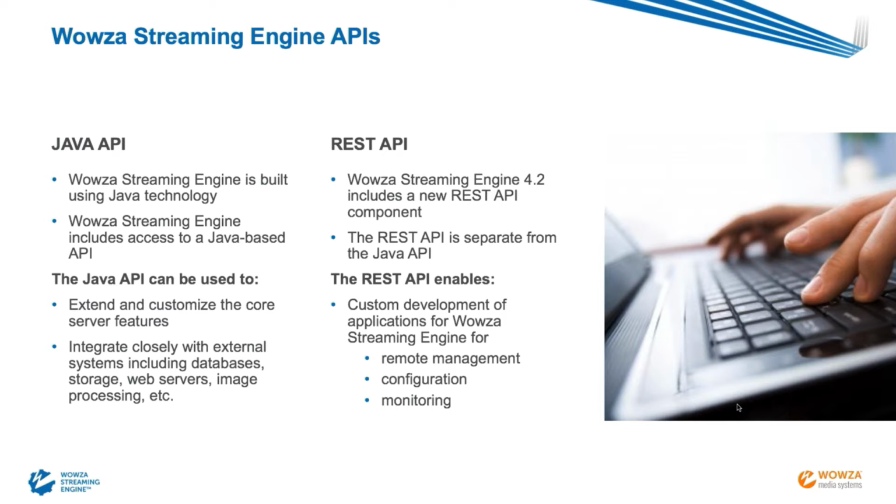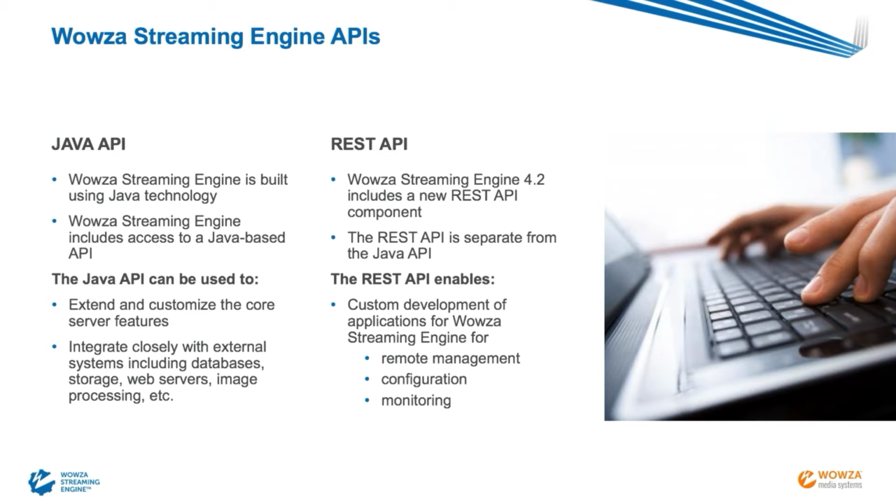Sure. Yeah, happy to. So, as you may or may not know, Wowza Streaming Engine is built on top of Java, and what that means is that we've had, actually since the history of the product creation, a Java-based API. So this API is typically low-level feature extension and customization.